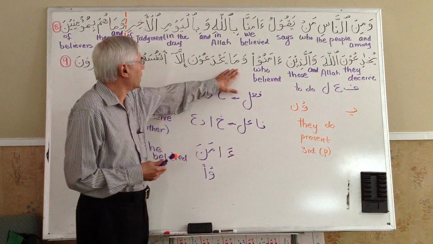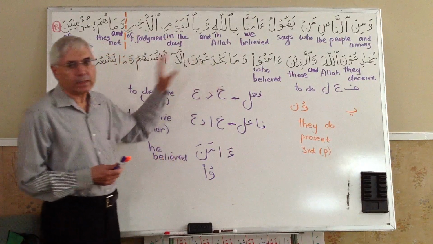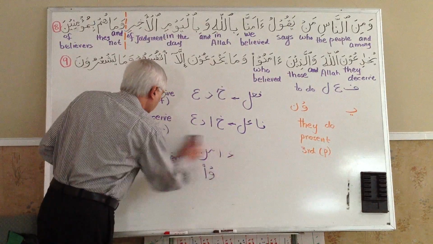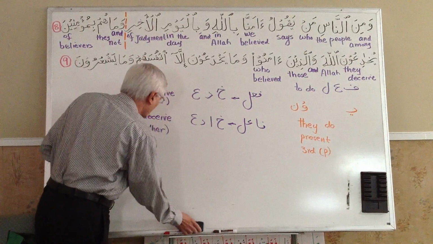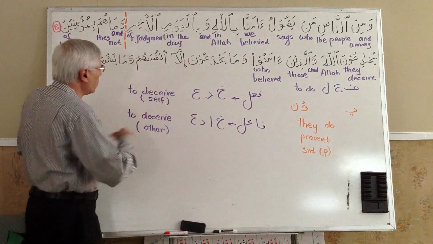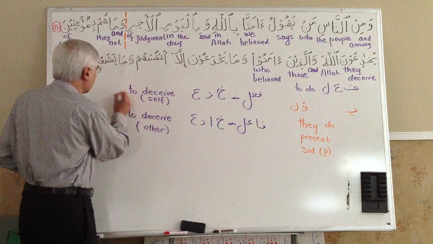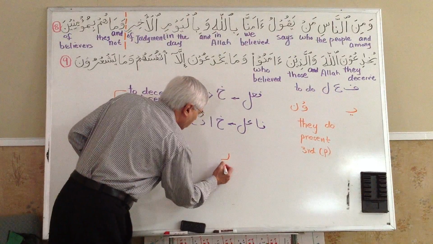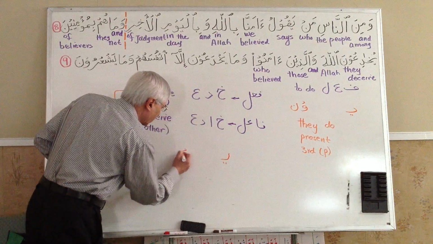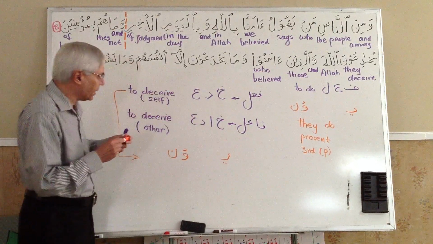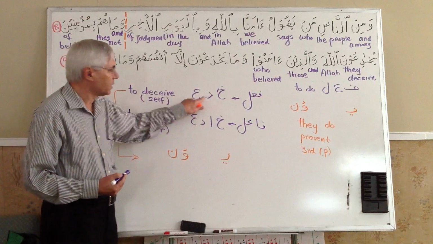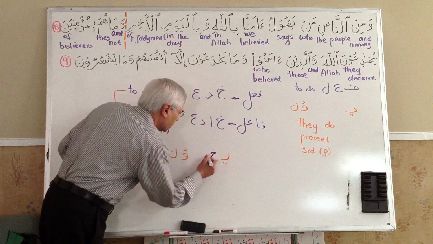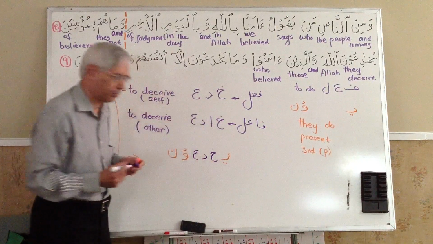Then after that Allah subhanahu wa ta'ala says, وَمَا يَخْدَعُونَ. Okay? So this time these letters are used here. Okay? So you have a ya and wuna, and these are the three letters here: ha, dal and ain.